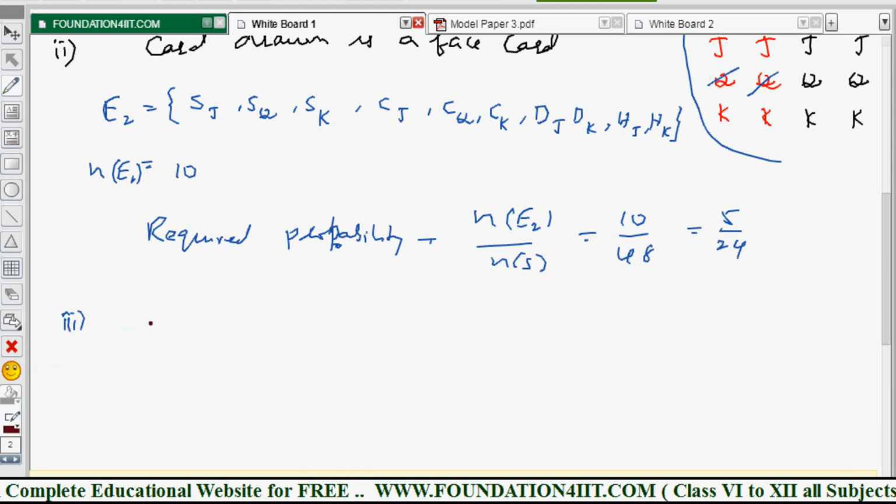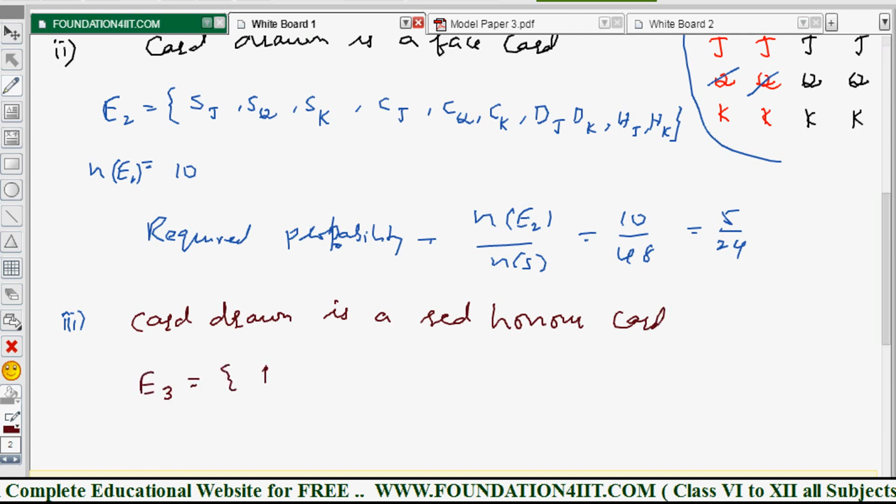Then the card drawn is a red honor card. So you can take this separately as E3: diamond ace, diamond jack, diamond king, and heart ace, heart jack, heart king.